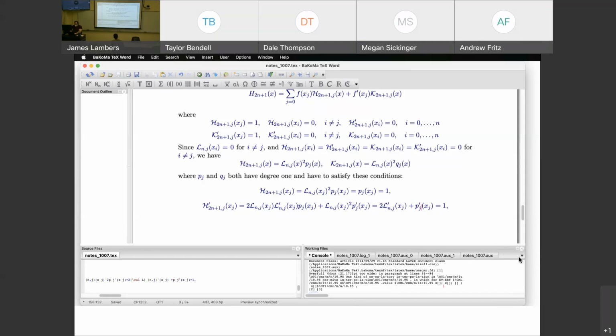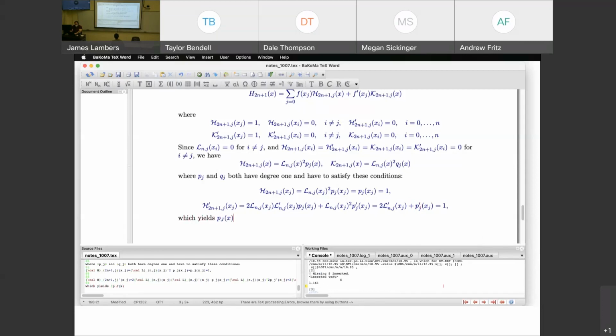Okay, so now these two conditions are enough to determine p_j completely. p_j of x has to equal 1 plus 1 minus 2 times the Lagrange polynomial prime at x_j, times x minus x_j.